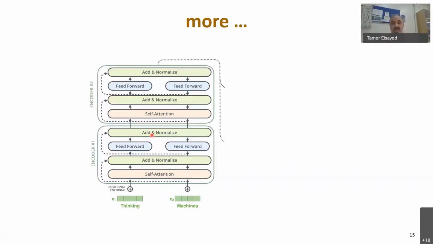But don't worry about that. You can think of it as the self-attention and the feed-forward network. And of course, in the stack, whatever the output of that encoder will be the input to the next one.